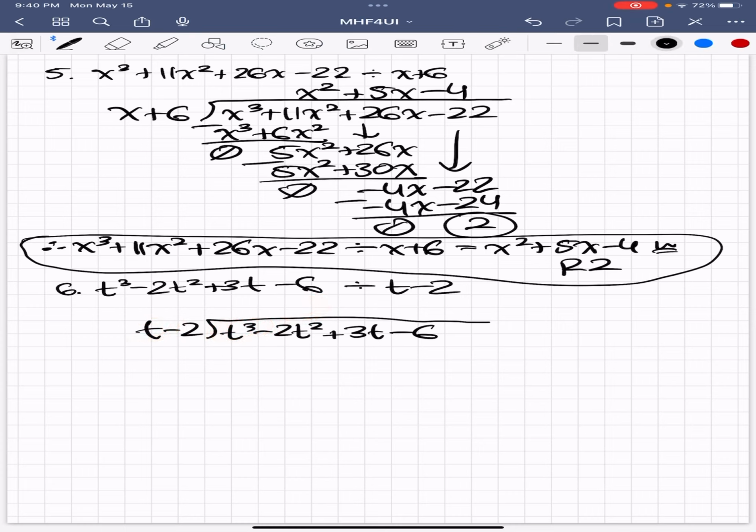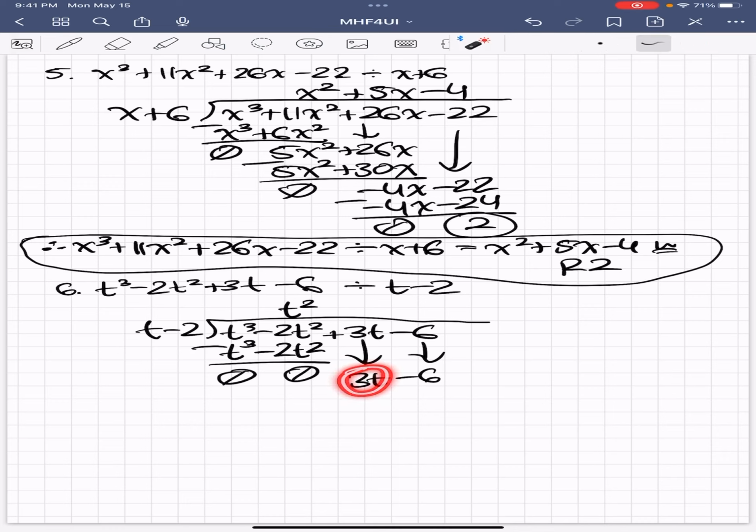T to the power of 2. Then we multiply these two numbers to get negative 2t to the power of 2. We get 0, and we get 0 for this one as well. We bring down the 3t and the minus 6.